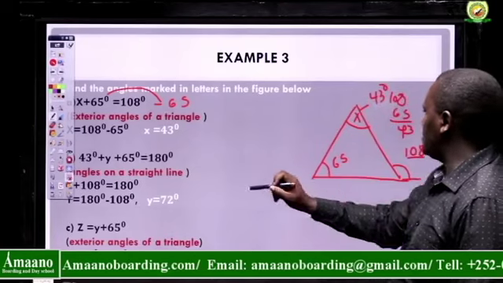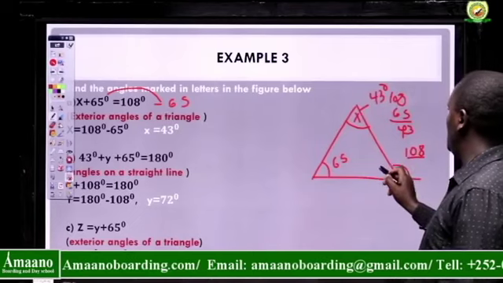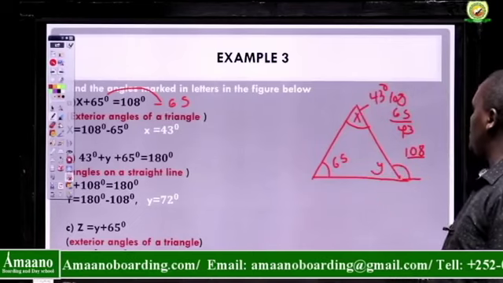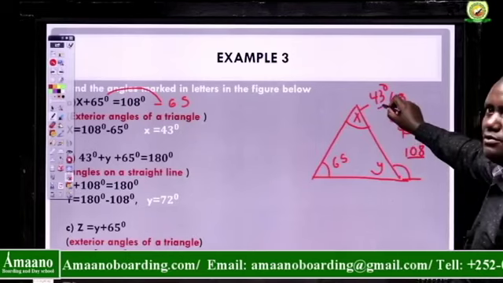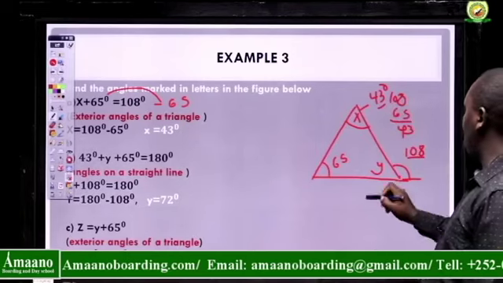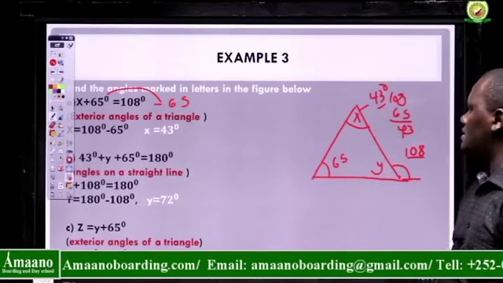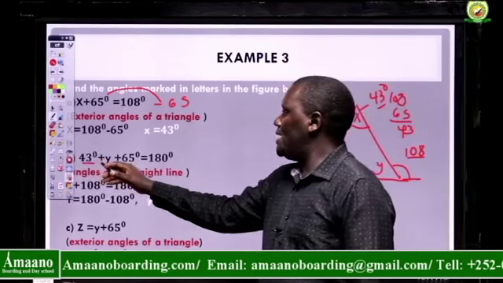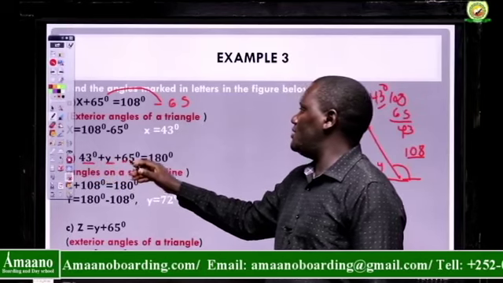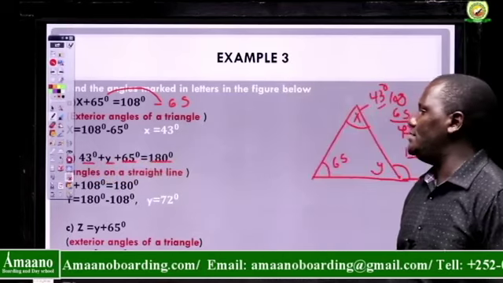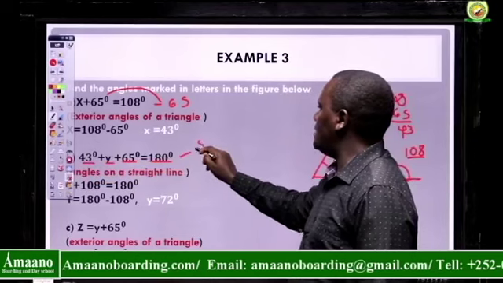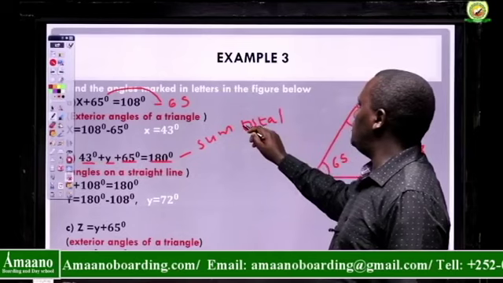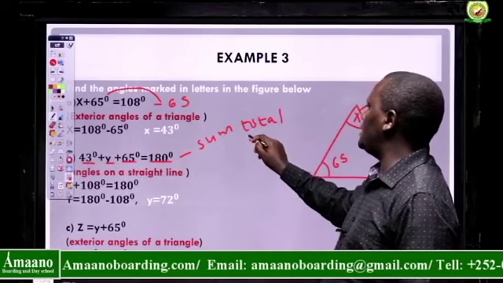Now I go to the next one. Let me call this one my angle y. How will I find angle y? Because x I have as 43, y I don't have, but this other one I have 65. That means 43 plus angle y plus 65 equals 180. These are the sum total of angles in a triangle.